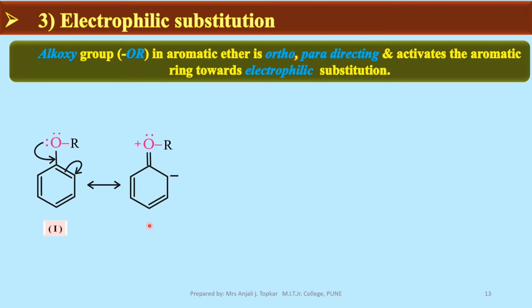This negative charge moves here towards this bond. As it moves here, the electron density on this carbon atom increases and this double bond breaks and the electrons move here on this carbon atom where it carries negative charge, as it can be seen here. Thus, giving rise to the third resonating structure.